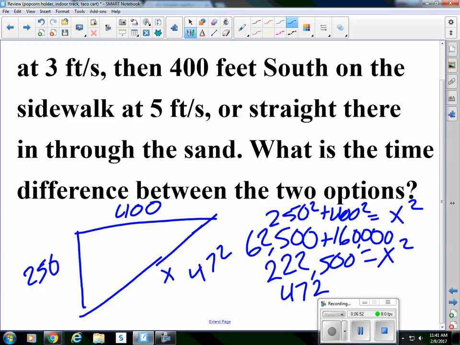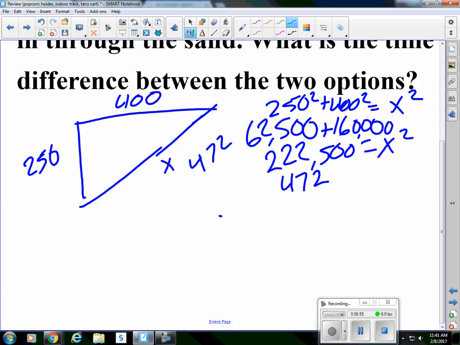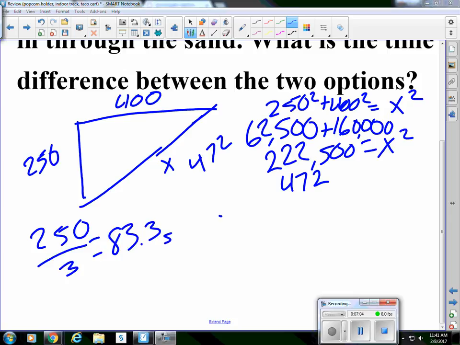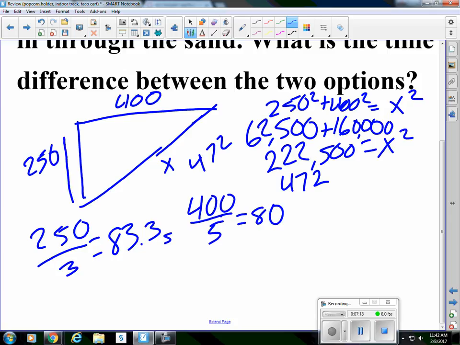So now I can figure out times. If I go 250 feet in the sand at 3 feet per second, that's going to take me 83.3 seconds. If I go 400 feet in the pavement at 5 feet per second, that's going to take me 80 seconds. So one route will take me 163.3 seconds.